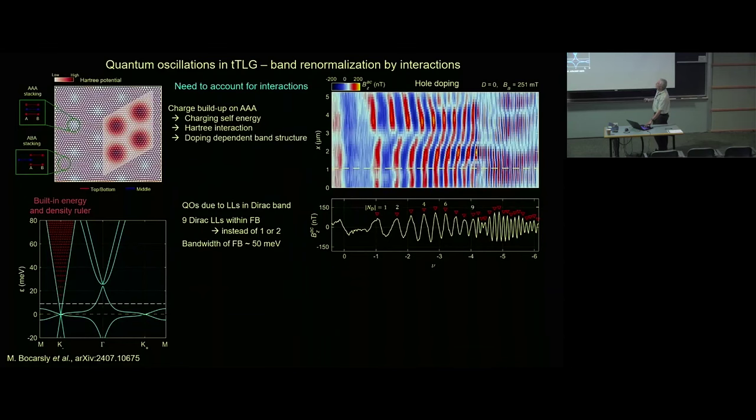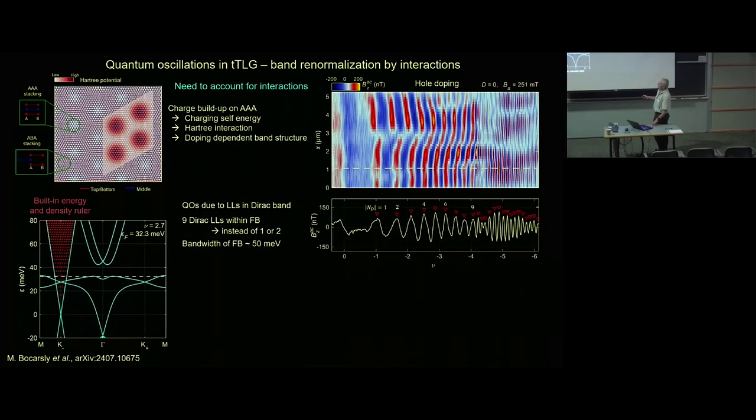So we can easily calculate that. And again, instead of having rigid bands that we fill, now the bands will be distorted by this Hartree potential. And in particular, at K points, where most of the charging energy comes in, the bands are significantly distorted, whereas at gamma point, they're hardly changed.